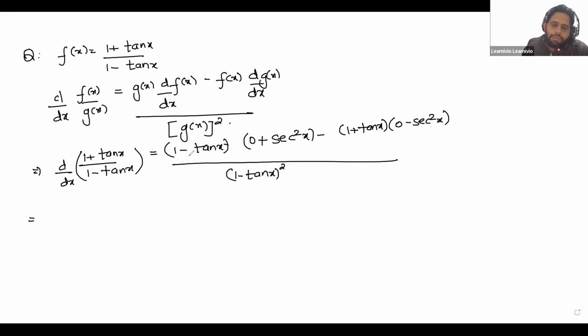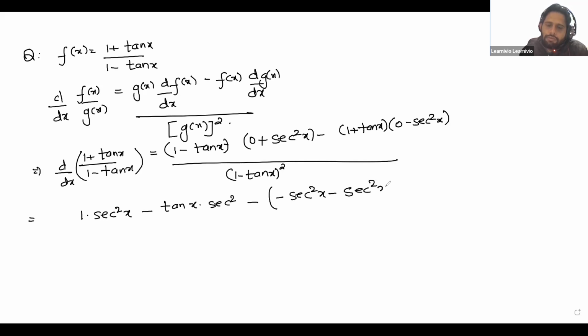Now open this bracket. This is 1 minus tan x into sec square x, so this will give you 1 into sec square x, then multiply this one, this will give you minus tan x into sec square x. Then you have minus, and here you will get minus sec square x and minus sec square x into tan x, by denominator square, 1 minus tan x whole square.